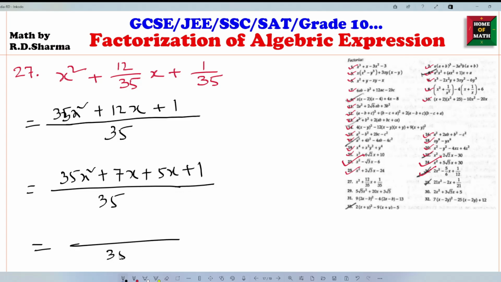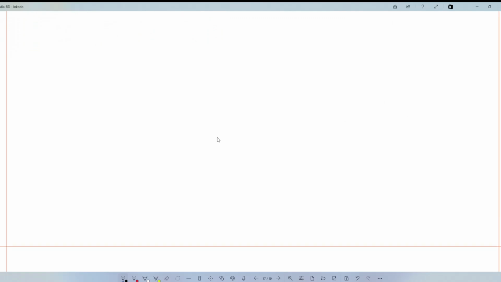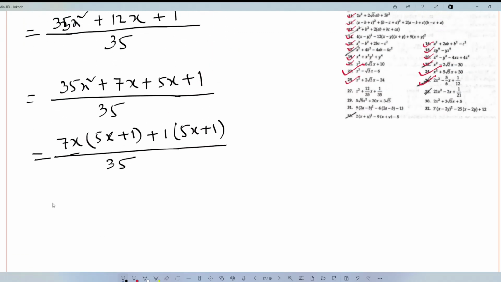Then we can take 7x common, so 5x + 1 is common, again 5x + 1, right? Then here is 5x + 1 and 7x + 1.